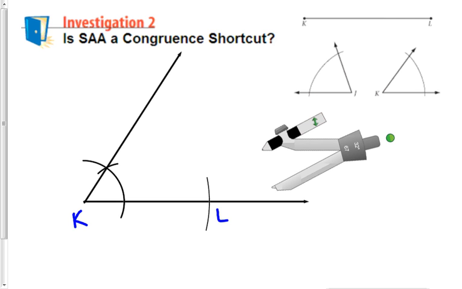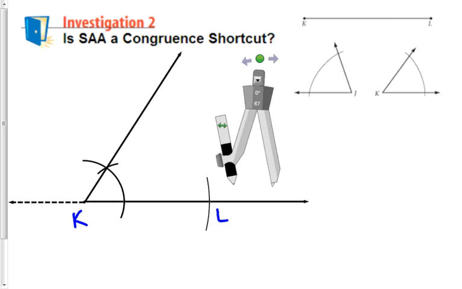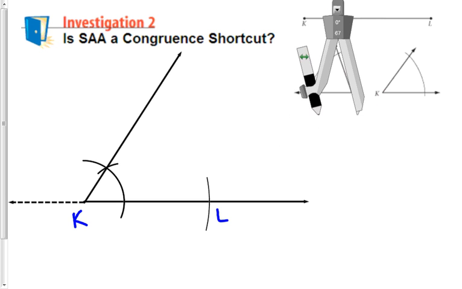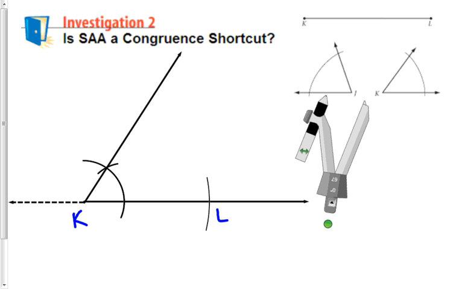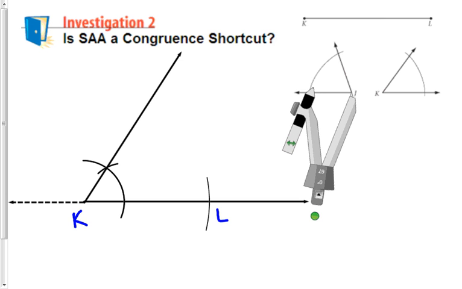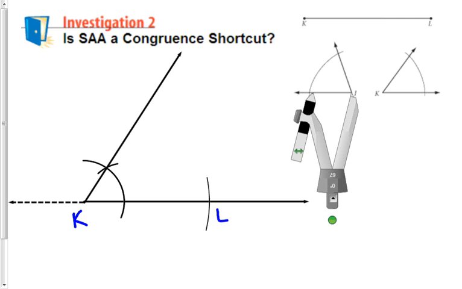So let's actually do this, and I'm going to do it since I already duplicated angle K right there. I'm going to work off of that, and we're going to see how this turns out. So I'm going to take my compass, and I've got to flip it around, put it on J, and measure out to my arc. About as good as I'm going to get.